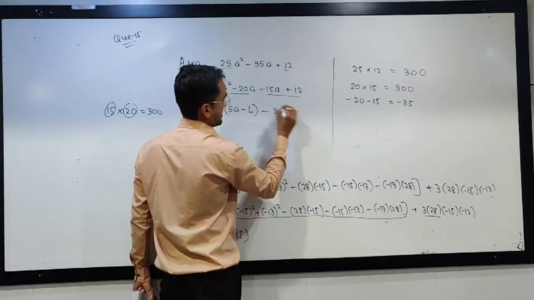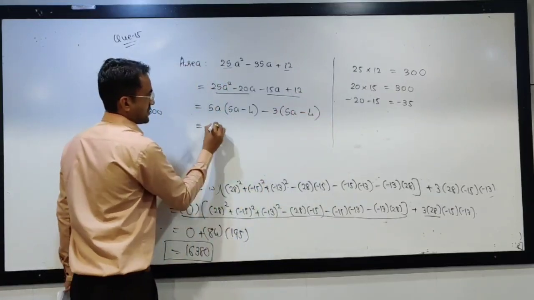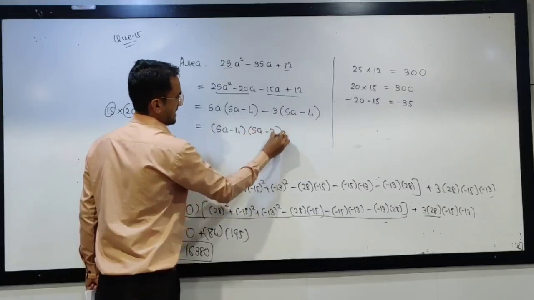So 3 5s are 15, plus minus minus, 3 4s are 12. So 5a minus 4, 5a minus 3.